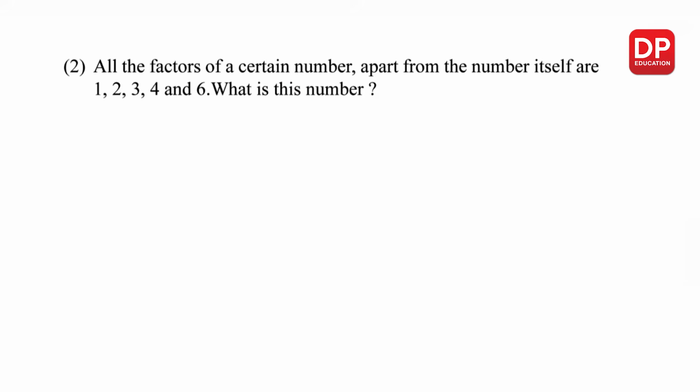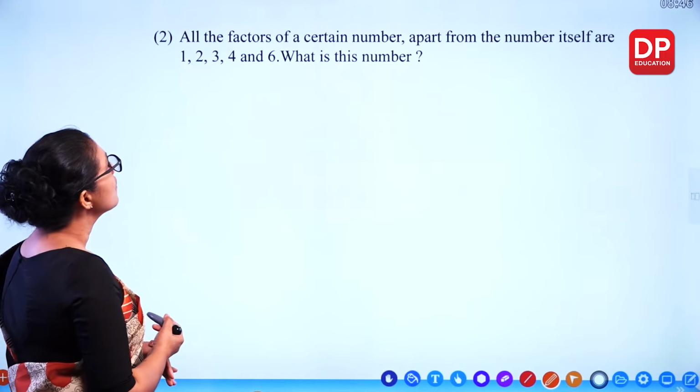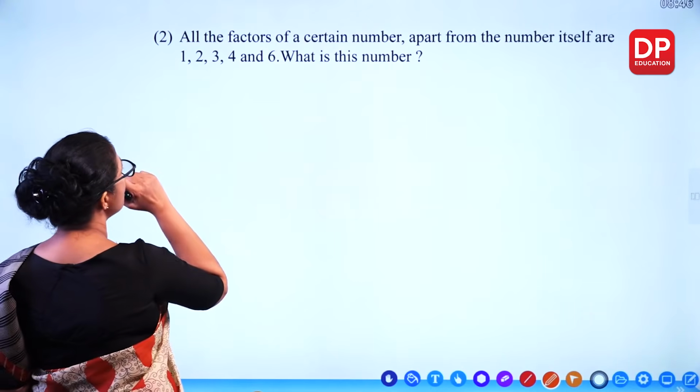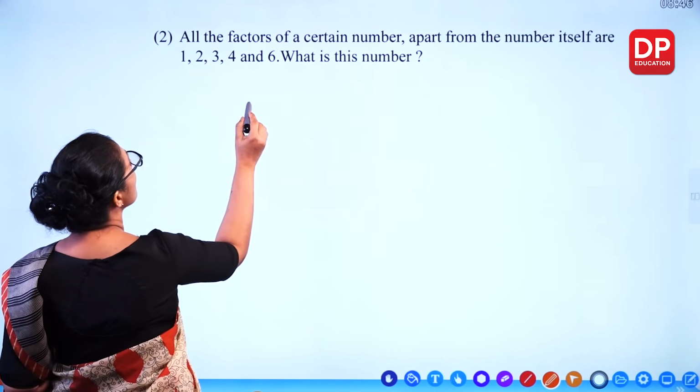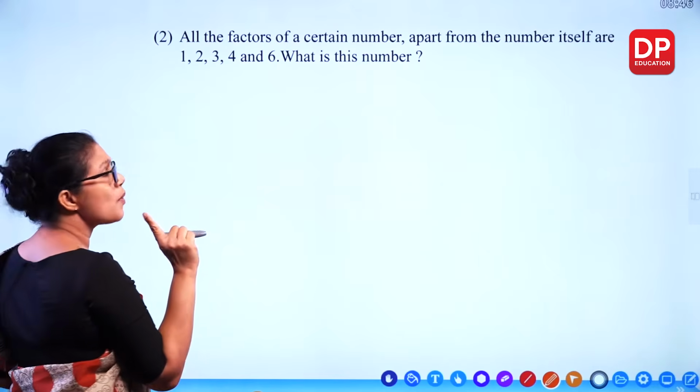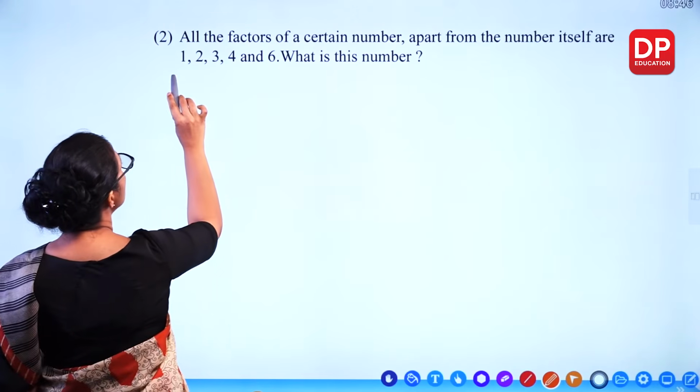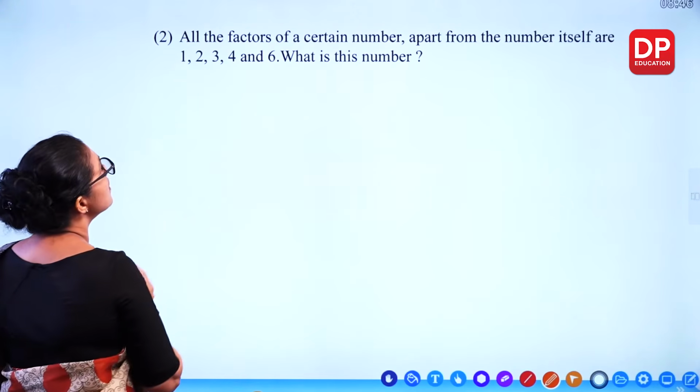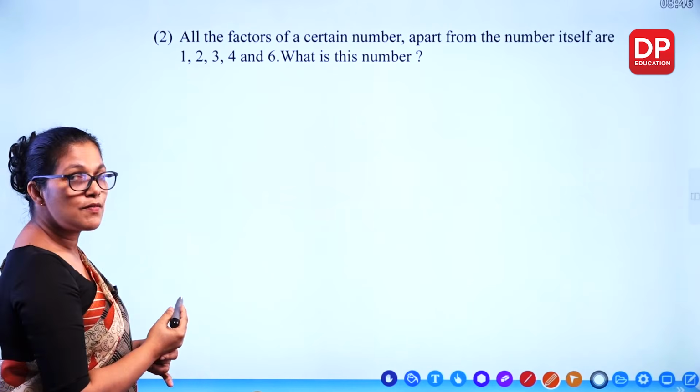Question number 2. All the factors of a certain number apart from the number itself are 1, 2, 3, 4 and 6. What is this number? So what can you say? If you take 12, 12 is divisible by 2.